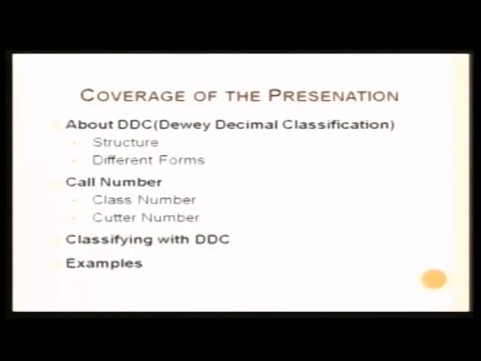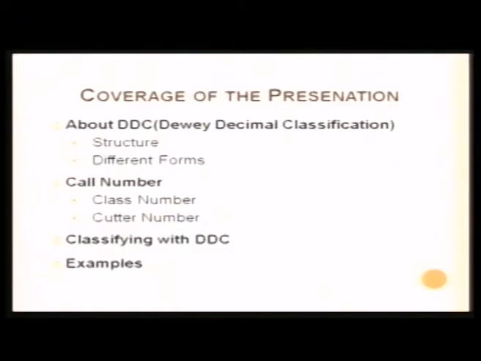So today we are going to talk about what systems libraries follow to categorize their collections, to classify them, organize them, shelve them, and put them for display. So the presentation will focus on DDC, which is Dewey Decimal Classification, its structure, and its different forms.